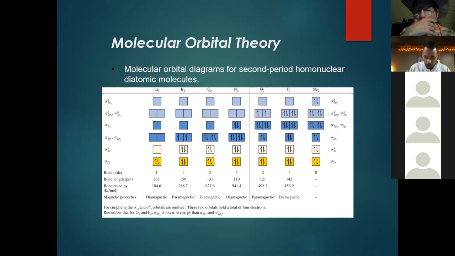Oh, right. I see what you're saying. Okay, here's what it is. I just figured it out. I'm sorry it took me that long to figure it out. If we filled the nitrogen like we did the oxygen, then this orbital, no, that's not right either. Ah, there it is.